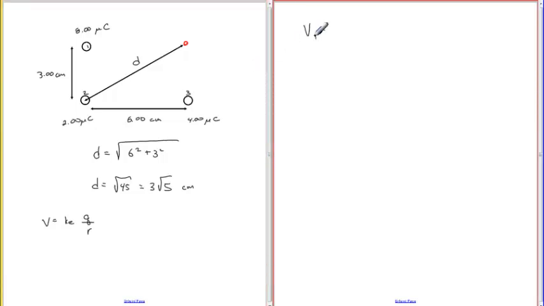So the voltage due to charge 1 is 8.99 times 10 to the 9th, that's Coulomb's constant, times the charge, which is 8 microcoulombs, so that's 10 to the minus 6. And we divide that by the distance from 1 to here, which is 6 centimeters, so that's 0.06 meters.